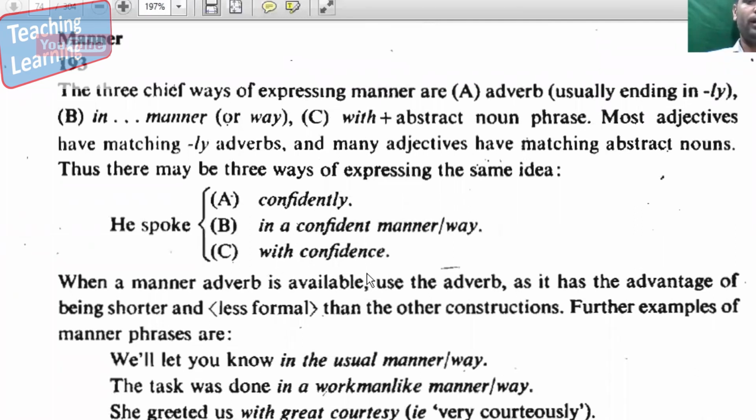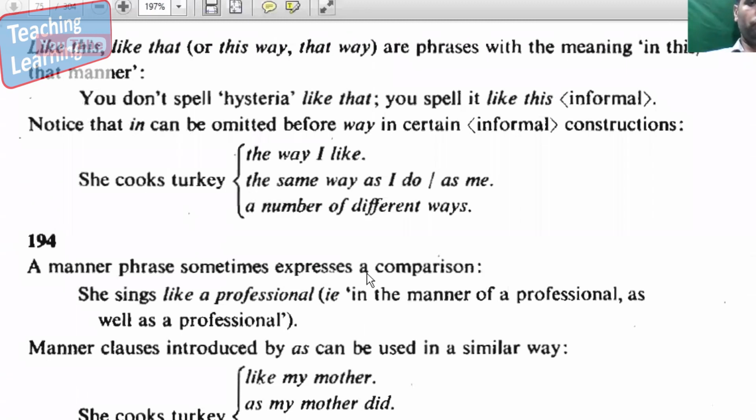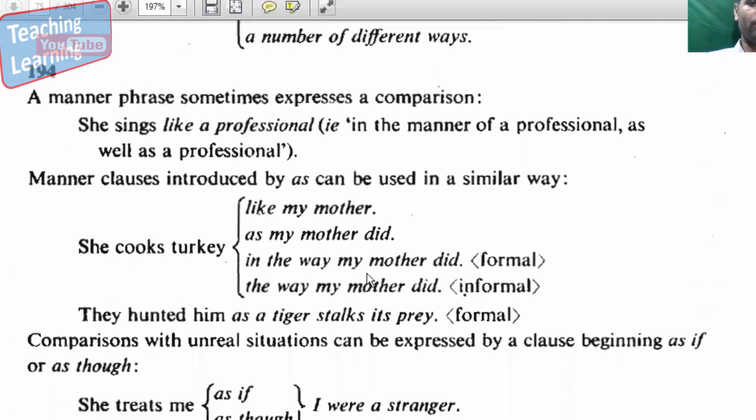He spoke English confidently. He spoke English in a confident manner or way, with confidence. That way also we can communicate. She cooks turkey the way I like, the same way as I do, in a number of different ways.